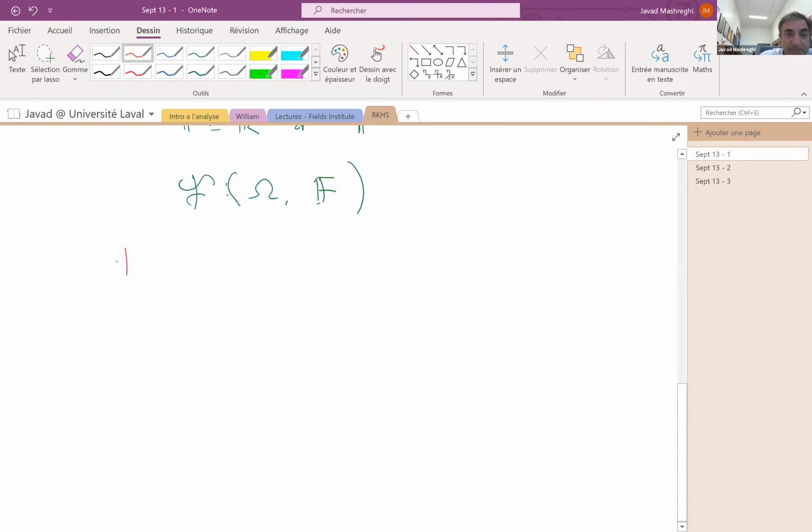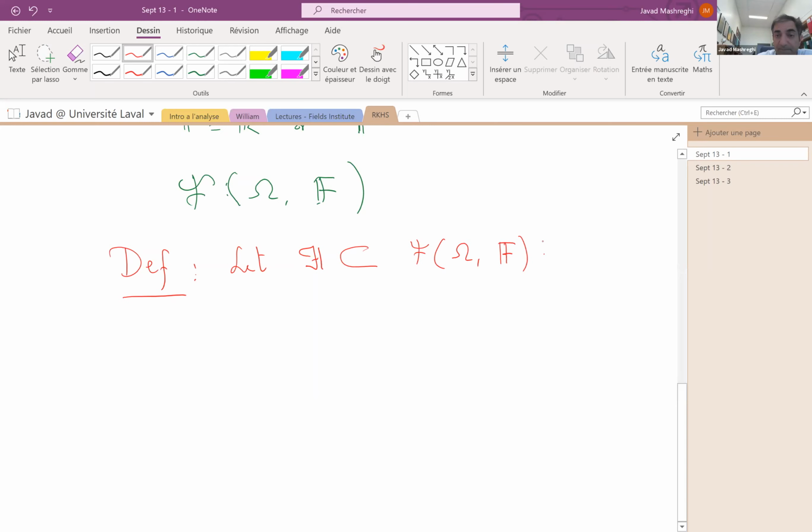Definition. We assume H, that's the notation we mostly use for an RKHS, is a subset of F of omega and scalar field F. Up to here, it means that H is a collection of functions.